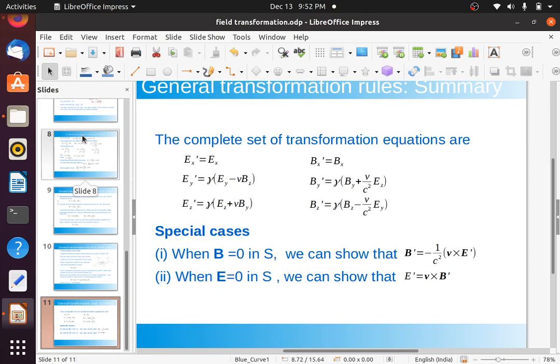And also, if the electric field is equal to 0 in this frame and only the magnetic field exists in this frame, an electric field exists in the S dash frame, and that electric field is given by E dash is equal to V cross B dash.